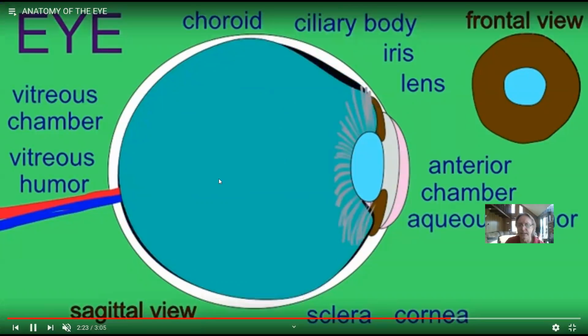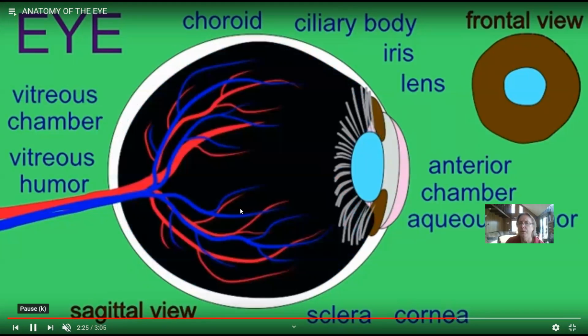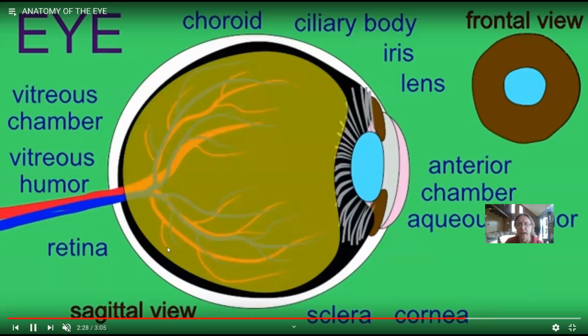Now, we don't want the pressure to be too great because the retina, which I'll introduce in a second, isn't really well attached to the vascular tunic, and too much pressure in the eye can actually cause the retina to separate. And so the innermost layer is what's called the neural tunic, the retina, and it is here that the cells which are detecting light are found, the rods and the cones.